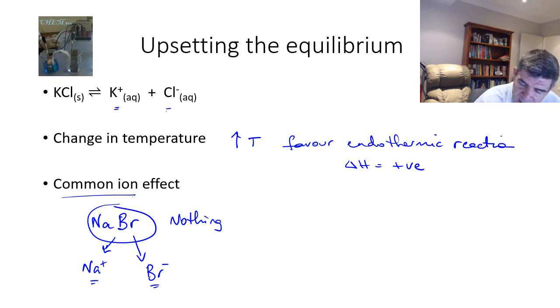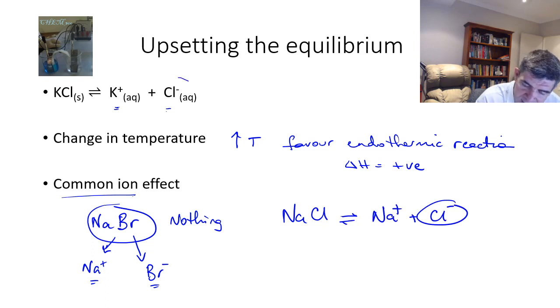But if instead I was to add sodium chloride, when this one dissociates we have sodium ions and chloride ions. And the chloride ions here are common. So this is what we call a common ion effect. When we add another source of the same ions, we do make a change in the equilibrium.